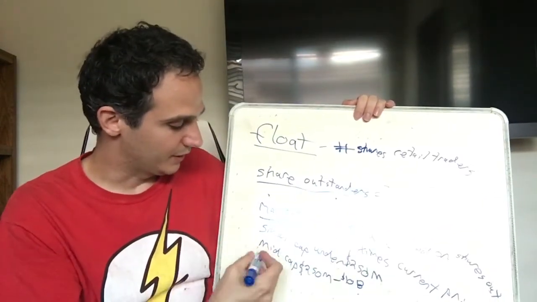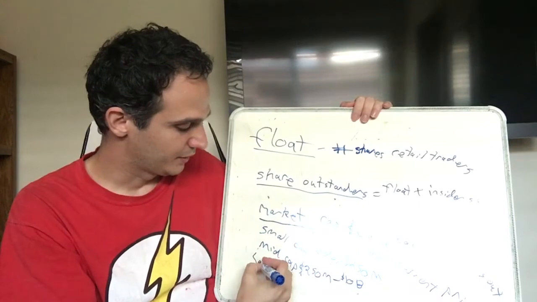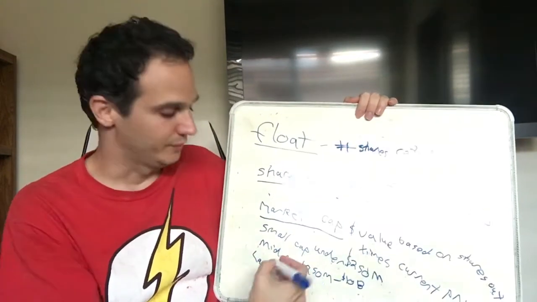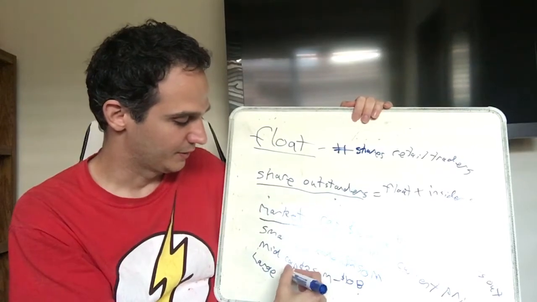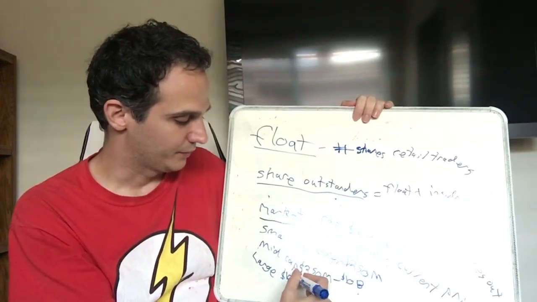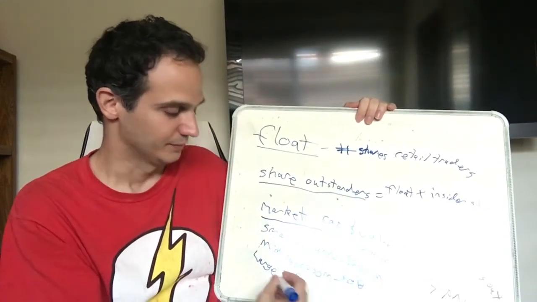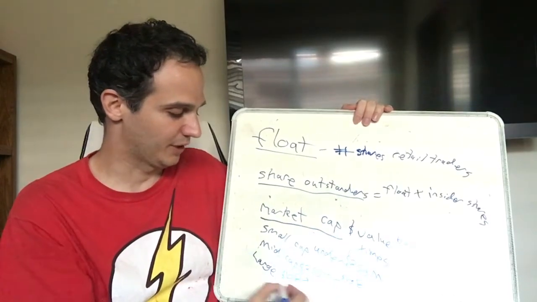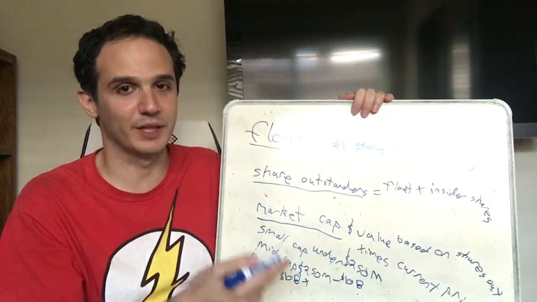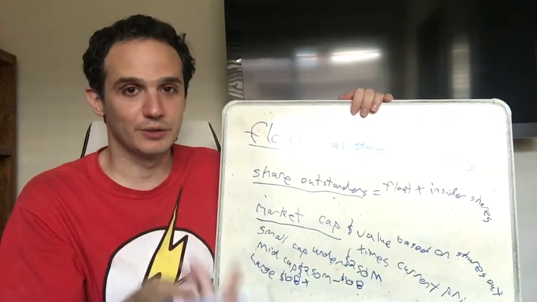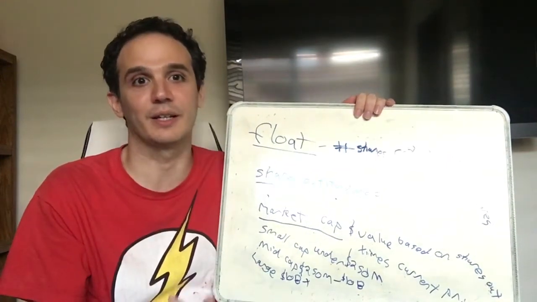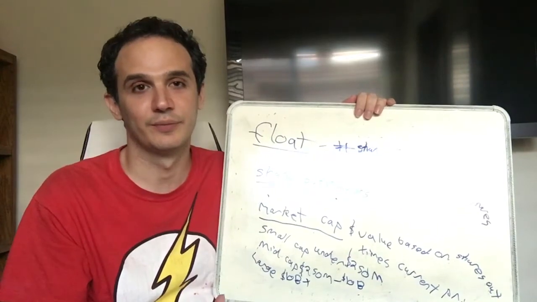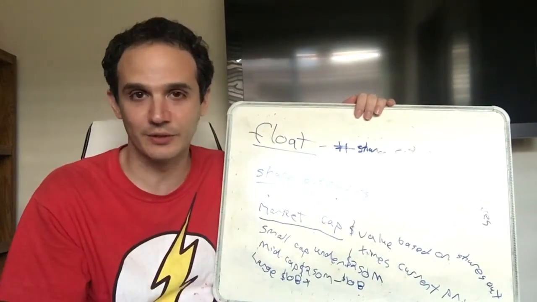Okay, and then a large cap is anything above 10 billion. 10 billion plus equals large cap. And then blue chips are famous stocks like Apple or Disney or Facebook.